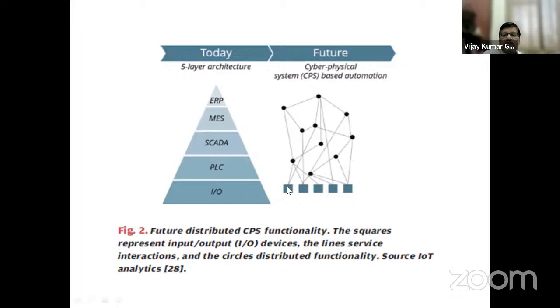In CPS, we are talking about this type of systems where this ERP is talking to the MES also, it is talking to the SCADA also, it is talking to the input-output devices also. Similarly, MES is talking to the ERP, it is talking to the SCADA, it is talking to the other systems also, right?